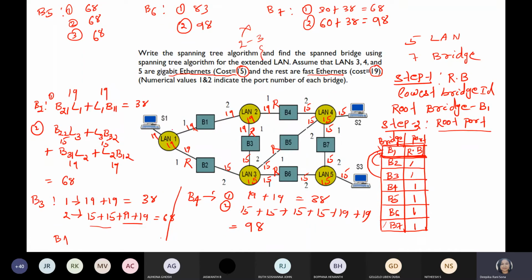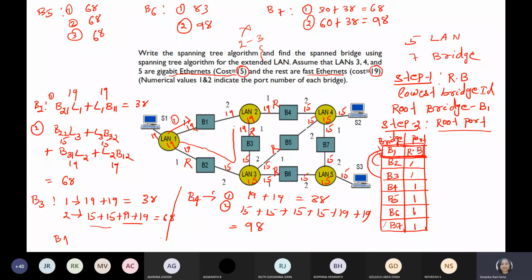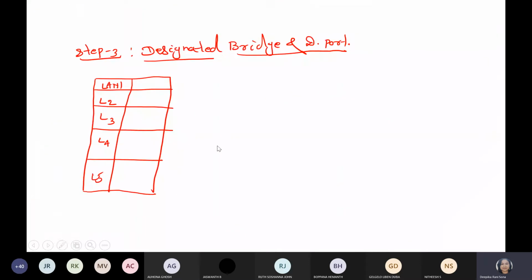This is LAN 1. Here also we have to find from LAN 1 to bridge 1 with respect to the root bridge. This is one possible path, and from LAN 1 to this side is the second possible path. What is the cost? First one will become 19. LAN 1 path 1 cost is 19. Path 2 cost: guys, for at least one or two LANs you have to write like this.